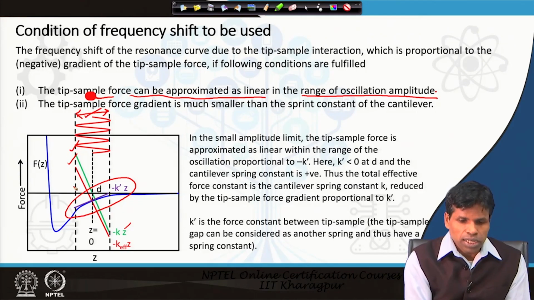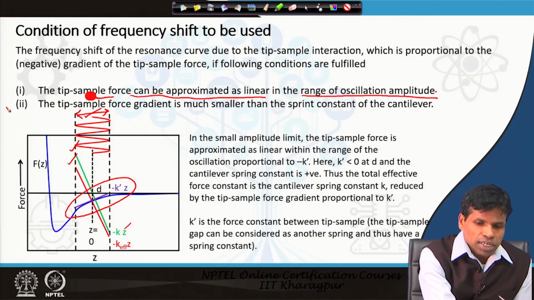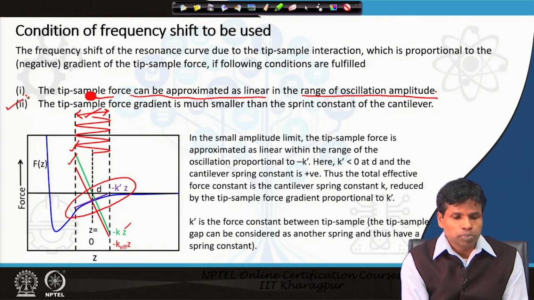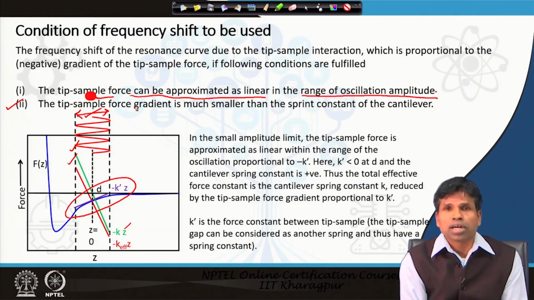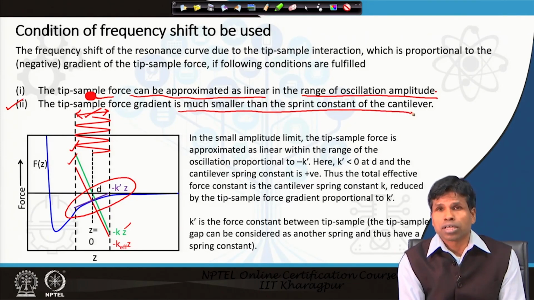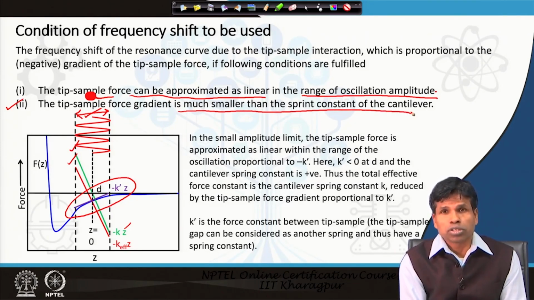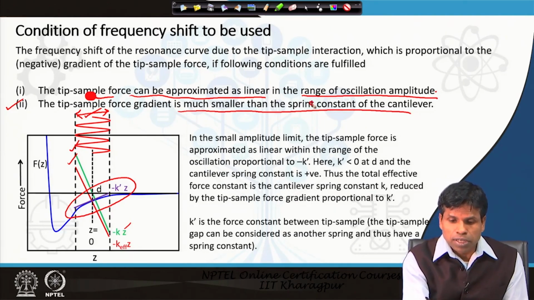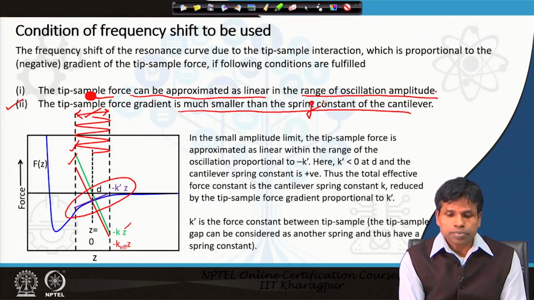This is one important criterion, and the second important criterion to be fulfilled is that the tip sample force gradient should be much smaller than the spring constant of the cantilever.